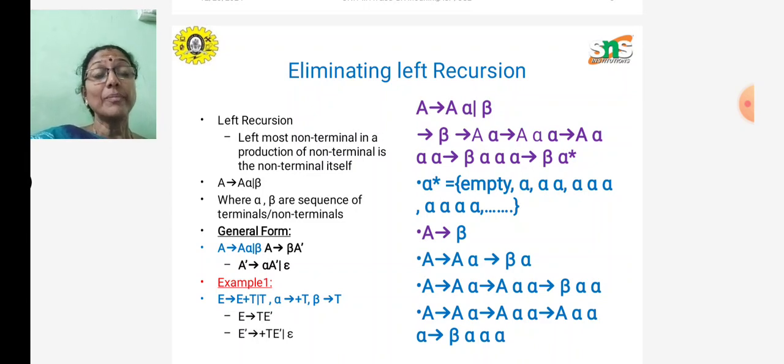The second is left factoring: for two productions with a common factor, the common factor should be factored out to produce the parse tree. The next is left recursion, which also has to be eliminated. We check whether the given grammar is left recursive, and it must be eliminated for constructing the top-down parser. Thank you.